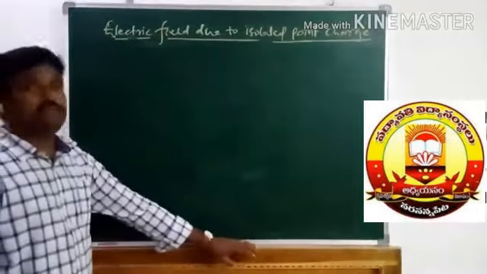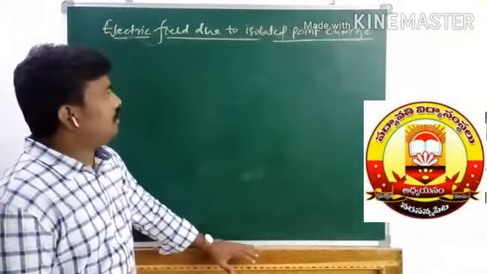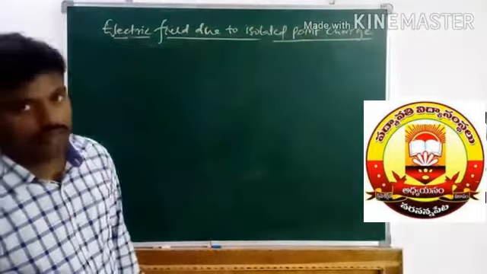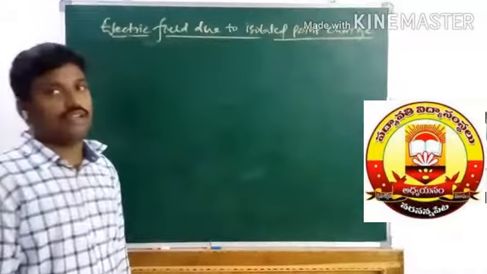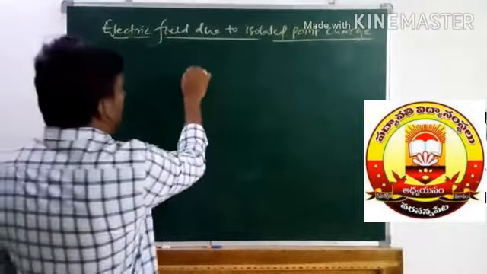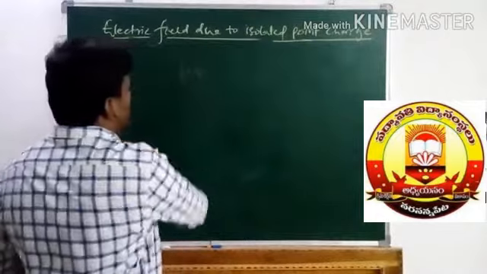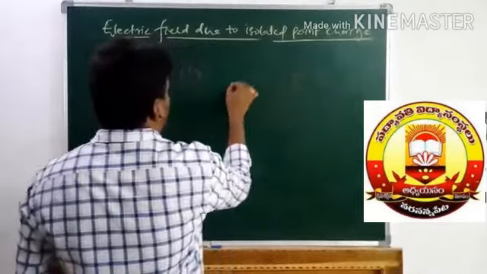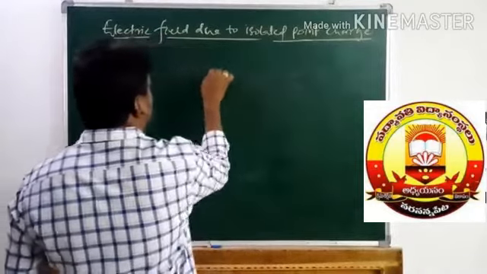Suppose the same charge is placed in a medium. What is the electric field intensity? How are we going to determine the electric field intensity in a medium? Let us take again a positive charge, and a point P at a distance r.